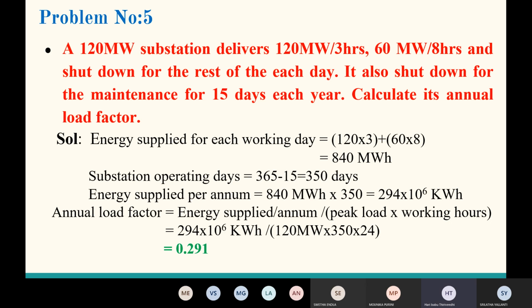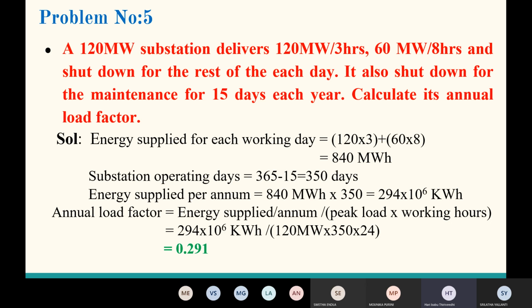Generally it is the number of hours in a year, but here it did not work the whole year, so annual operating hours, otherwise annual working hours, as you wish. Annual load factor equals energy supplied per annum divided by peak load into annual working hours.